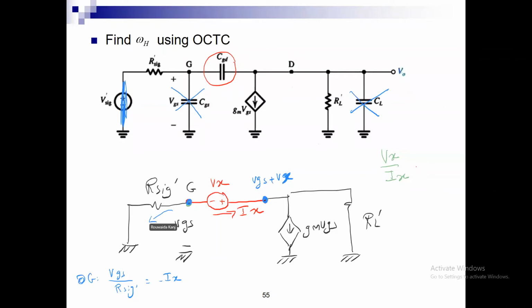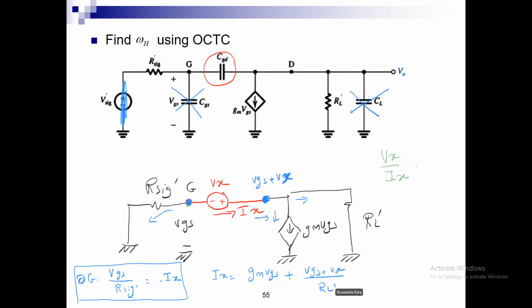So this is the first equation that I have. And then at node D, or at node VO, I have Ix is equal to GM VGS plus VGS plus Vx over RL prime. This is equation number 2.